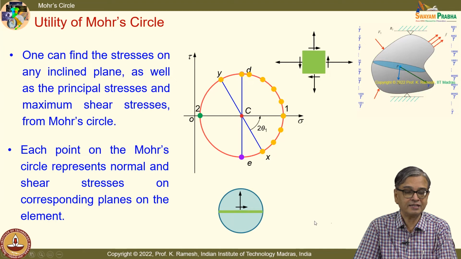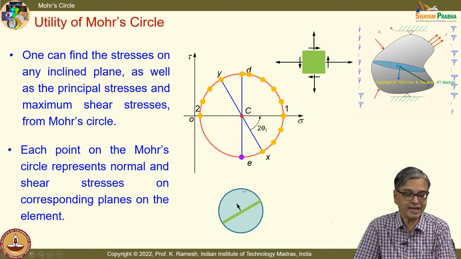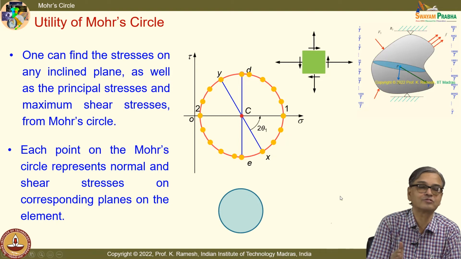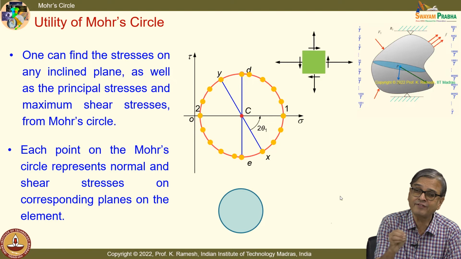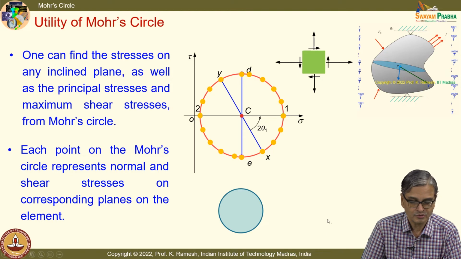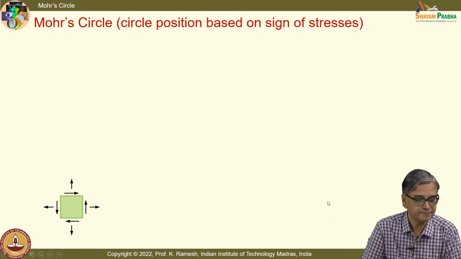So, then the values keep changing, and when I come to plane 2, it again has only a normal stress, and then shear starts appearing and it reaches the maximum shear and the story goes. So, you have to recognize on a circle I can have infinite points. So, it accommodates all the infinite planes. So, that is the beauty of the Mohr circle.